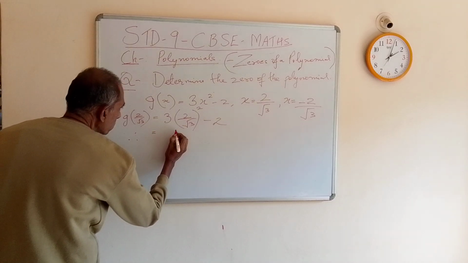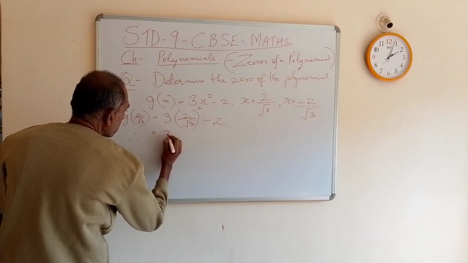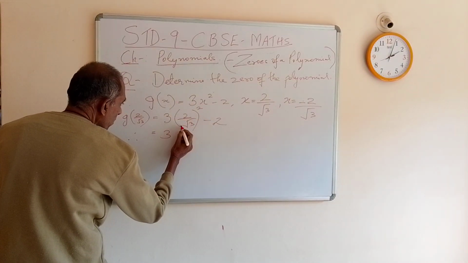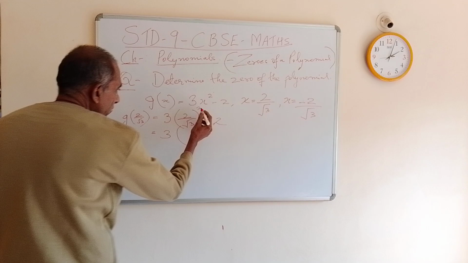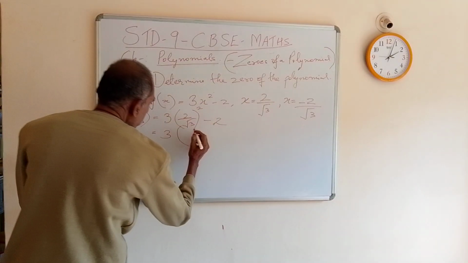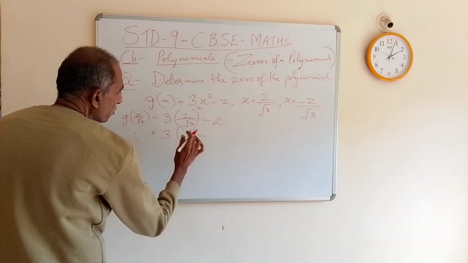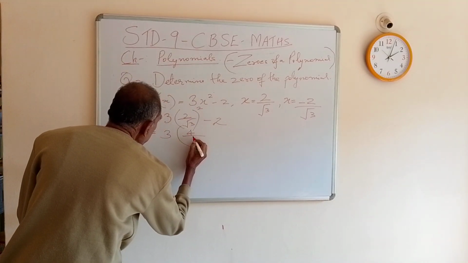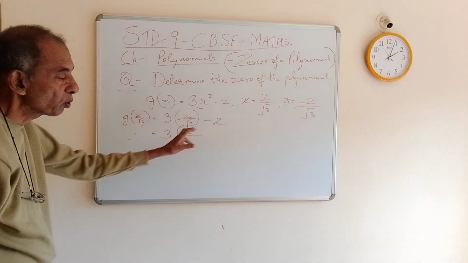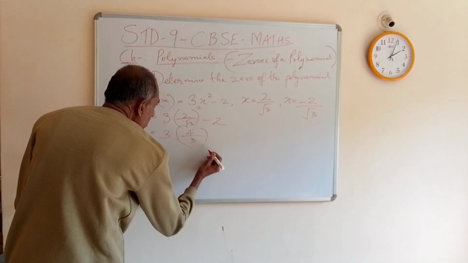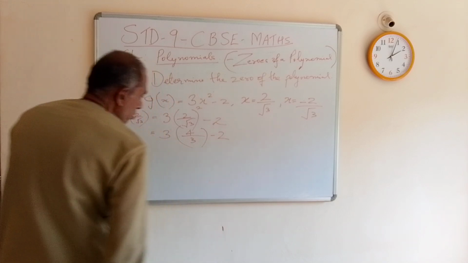This is equal to 3 into (2 upon root 3) whole square. If you open the bracket, 2 into 2 will be 4, upon root 3 into root 3 will give us 3. So 4 upon 3 minus 2.